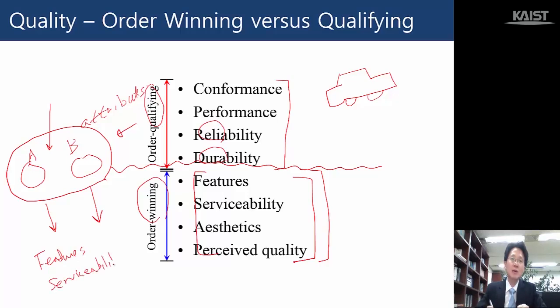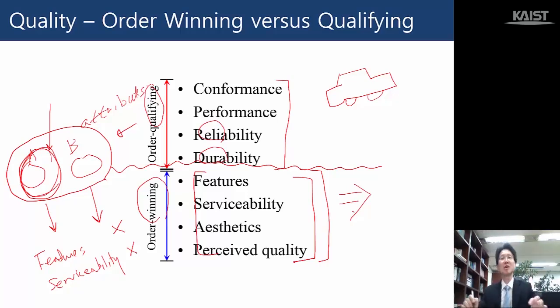On the other hand, product B does not have this. Then the customer will pick this one instead of B. Then we'll just say that these dimensions are order winning attributes.